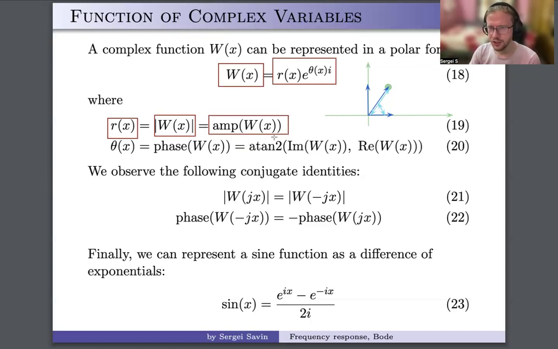Just the square root of the square of the real part plus the square of the imaginary part. Right? The phase, which we can call the phase of omega of x, is computed by taking the arctangent of the imaginary part divided by the real part, or arctan of the imaginary part, comma, the real part. Right?